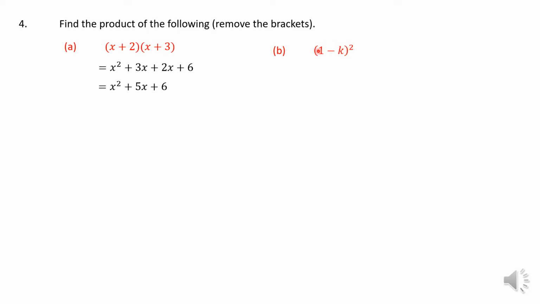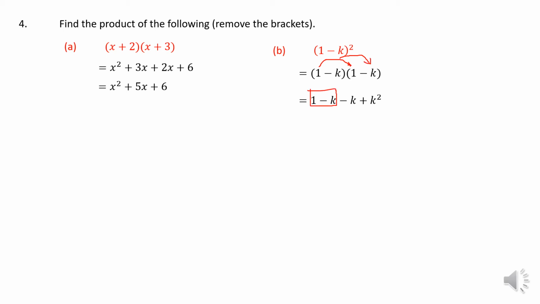Right, this is essentially the same thing as just a repeated multiplication by the same expression, so you can go ahead and rewrite it as (1 minus k) all squared, and then you do the same as you would: the 1 times the 1 gives you 1, the 1 times negative k gives you negative k, the negative k times 1 gives you negative k, and negative times negative k obviously gives you positive k squared. So what I'm saying, for those of you who still multiply the 1 with that first one, you multiply that by that gives you these two here, okay?